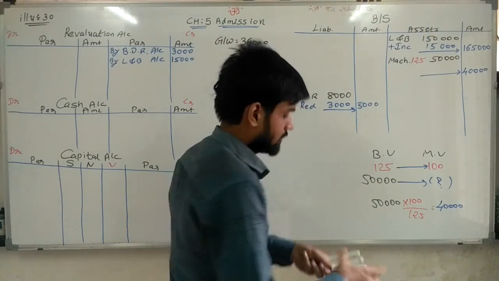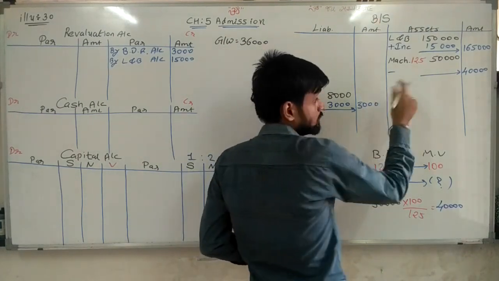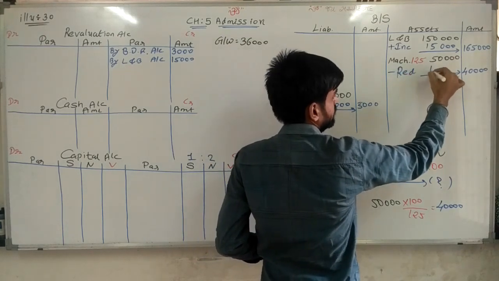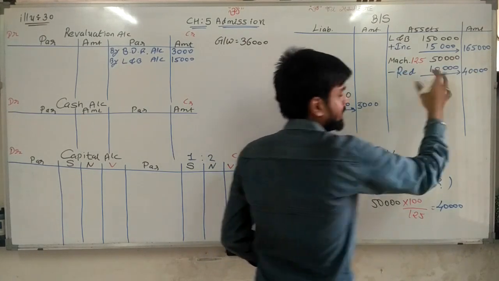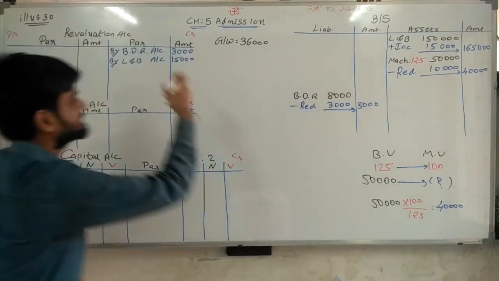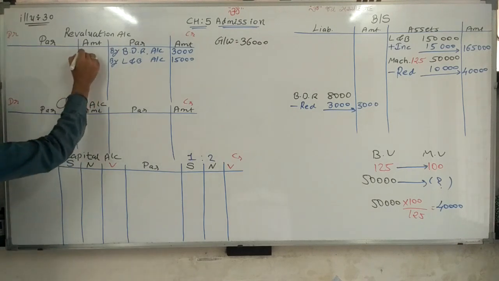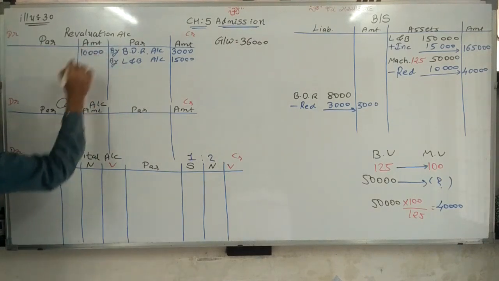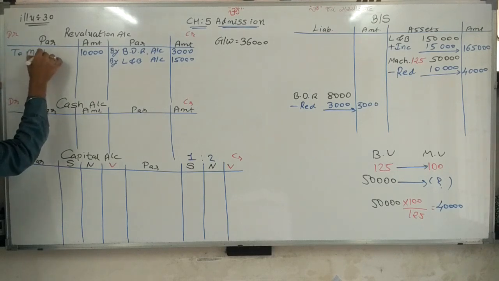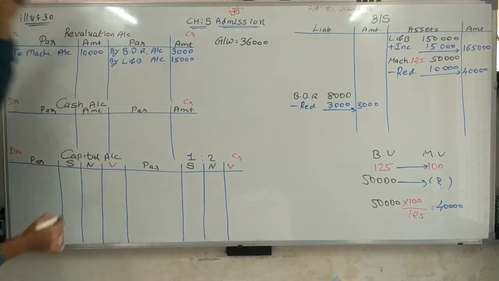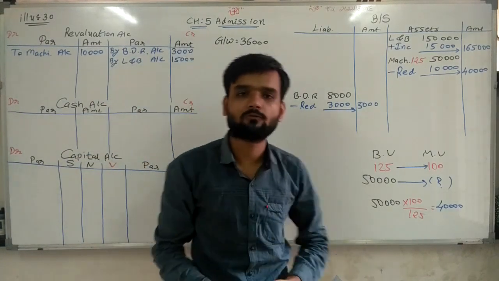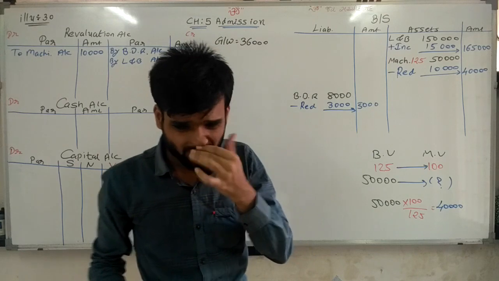Simple. So minus, because it is reduced. Now happy or sad, it's simply sad. Asset value decrease means sad. Sad means negative, to machinery account. So this calculation is very important. Simple. Going ahead.